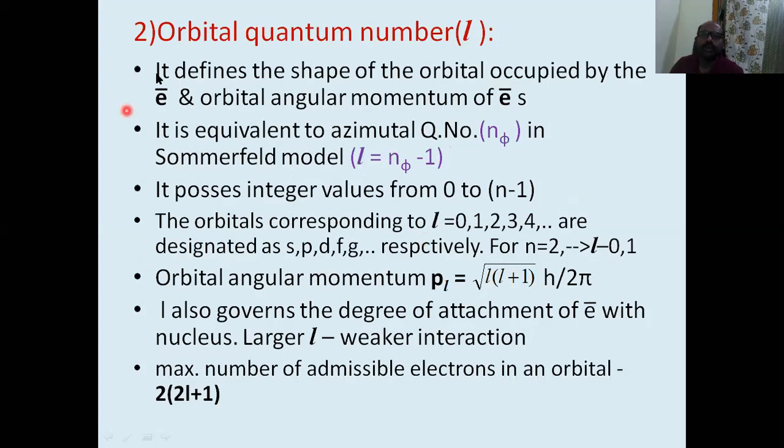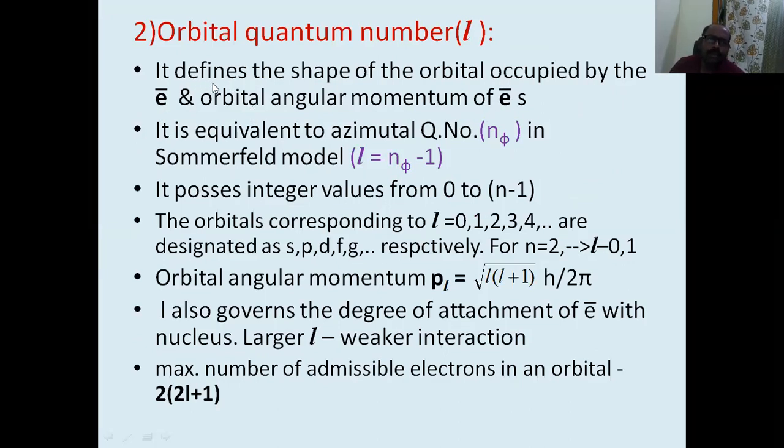Now the second quantum number, the orbital quantum number. It defines the shape of the orbital occupied by the electron, and it gives the orbital angular momentum of the electron also. It defines the shape of the orbital or subshell occupied by the electron.